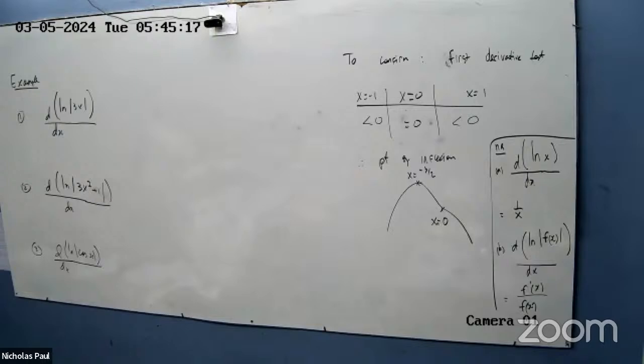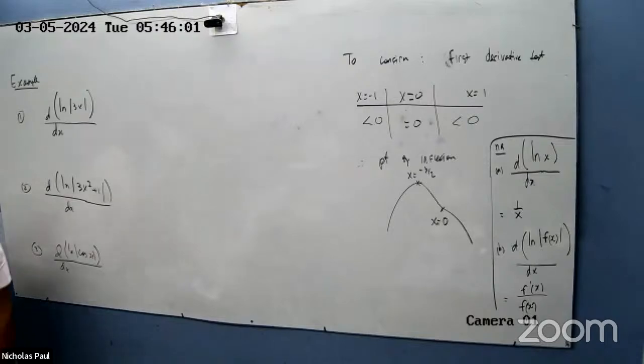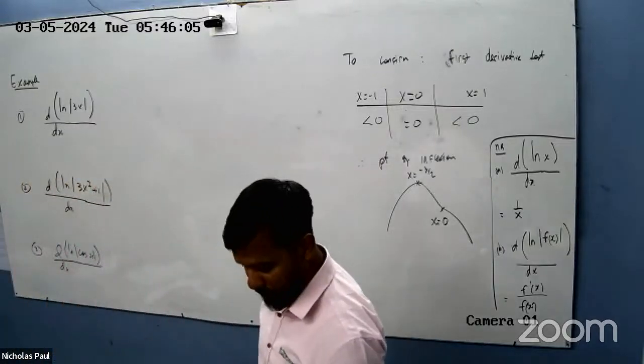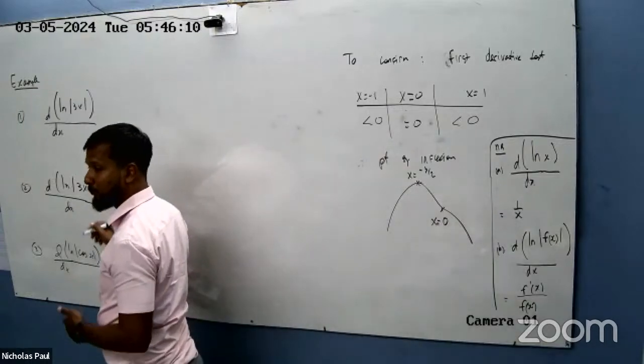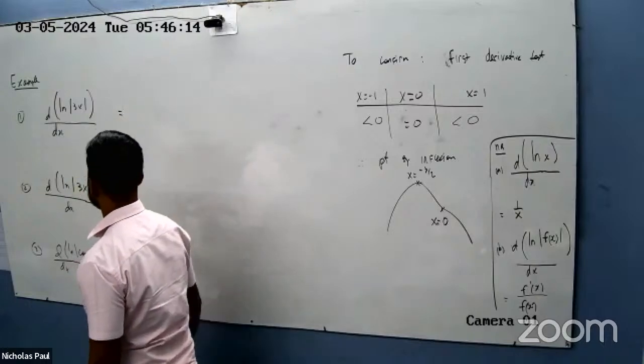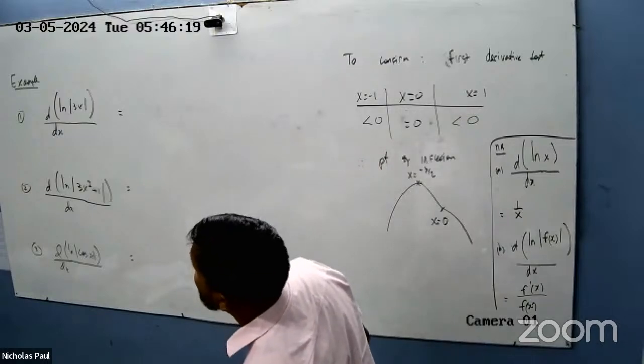Ready? Yeah, are we done? Nicola, hurry up now. 1 over 3x. Work them out.